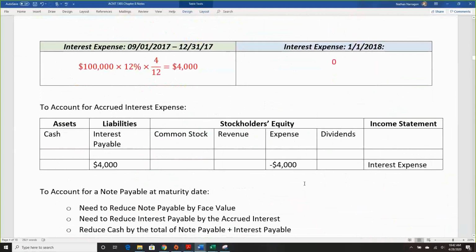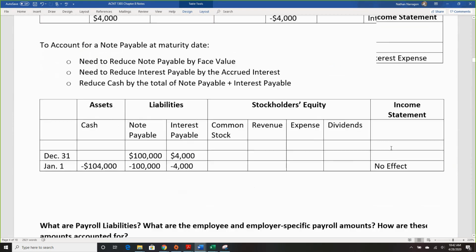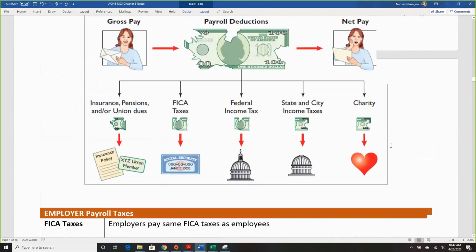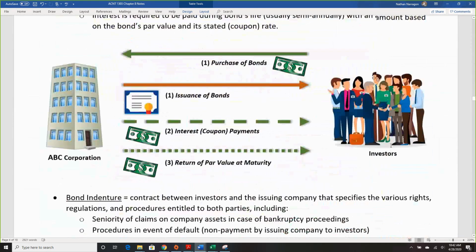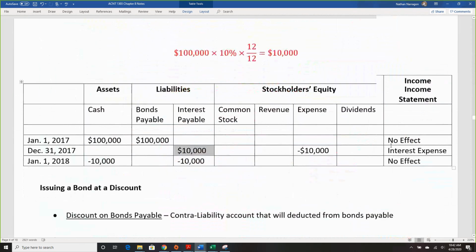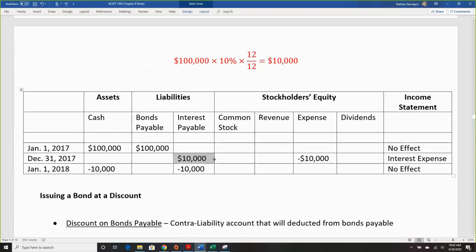So there's the note right there. Same things are happening with interest. Don't be afraid, a lot of these use the same concept. Okay? So interest payable, there's our expense for interest. That's the only time you recognize anything on the income statement right now.